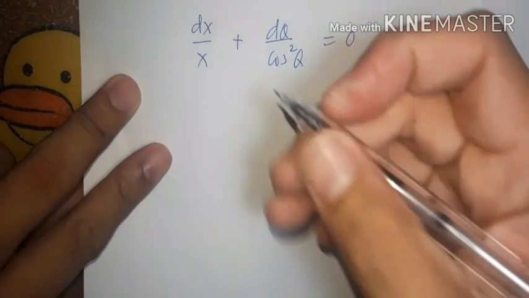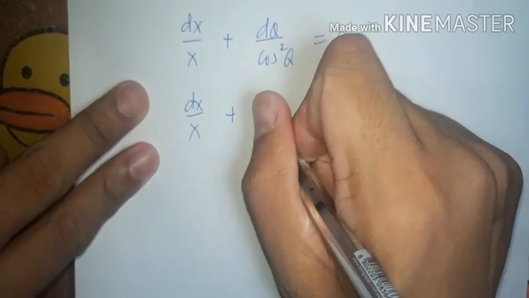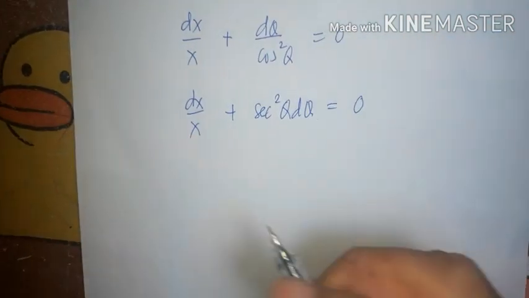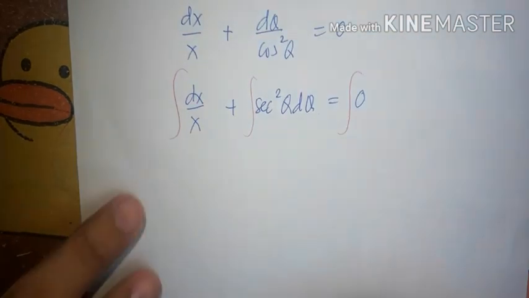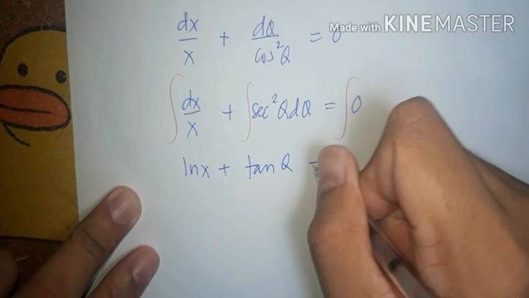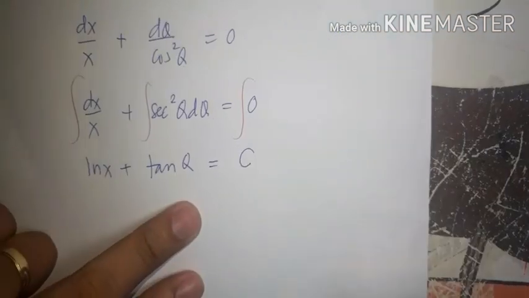1 over cosine is secant. Then dx over x plus secant squared q dq is equal to 0. So, now ready na siya for integration. That's ln of x plus tangent q is equal to c. But what is q?